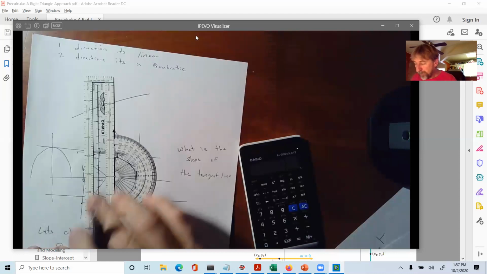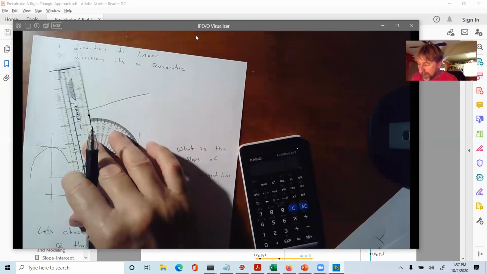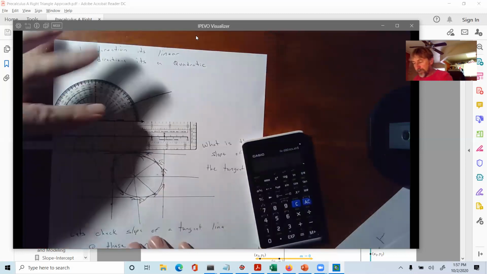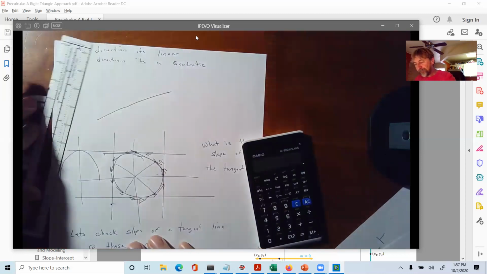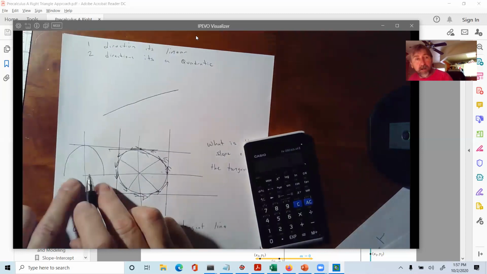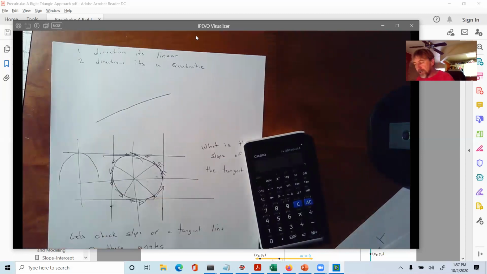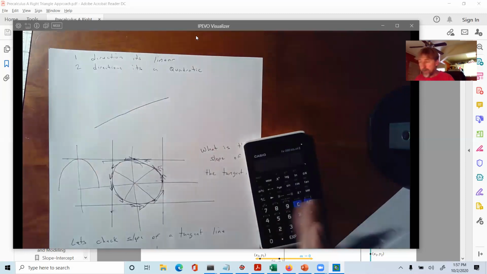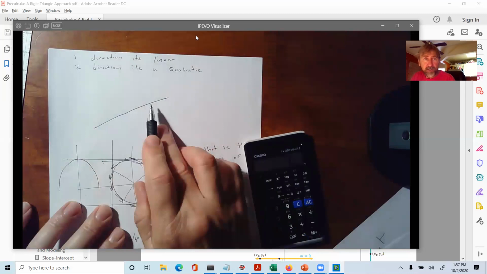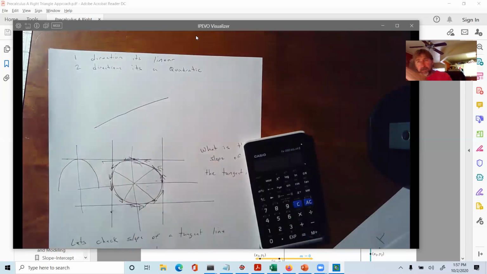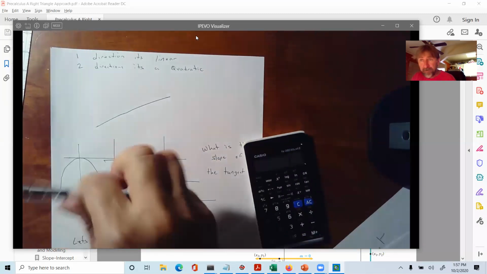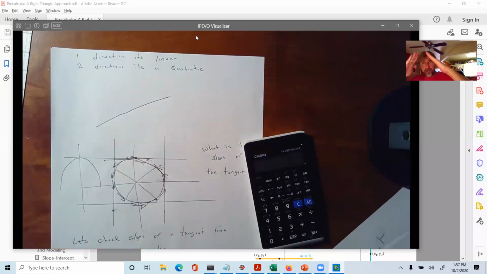The slope changes from a negative oriented slope to a 0 slope to a positive slope. So when you're on a parabola, your slope is always changing, and it has 2 directions. That's a second degree equation. A first degree equation has 1 direction, 1 slope, and it's a constant. When we go into second degree equations, we're going to have 2 directions of the slope, and it has to change from one place to another.